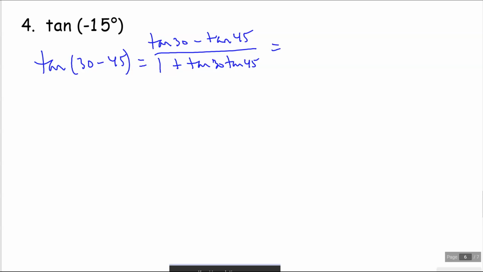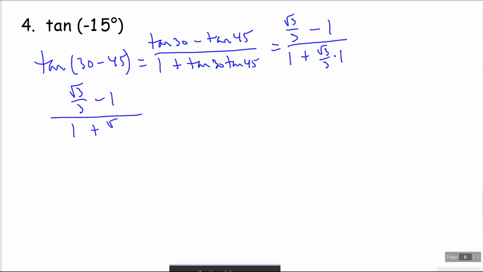I'll do it off to the side. So tan 30 is root 3 over 3. Tan 45 is 1. It's on the bottom. Okay. So what that gives me, cleaning it up a bit, is root 3 over 3 minus 1 all over 1 plus root 3 over 3.